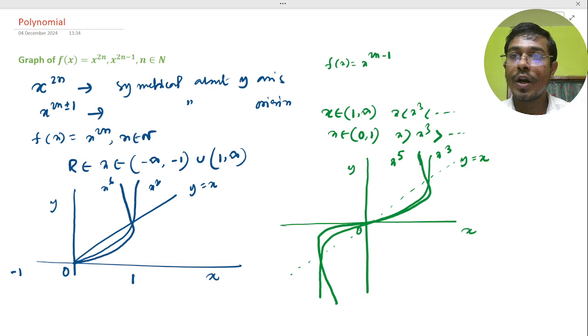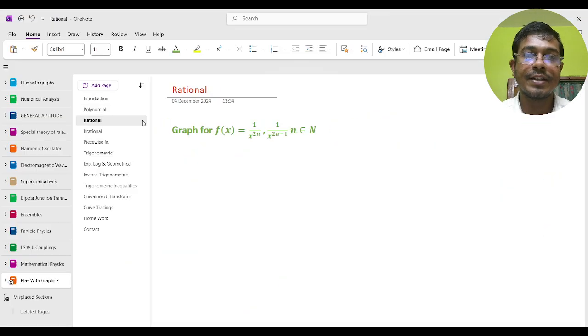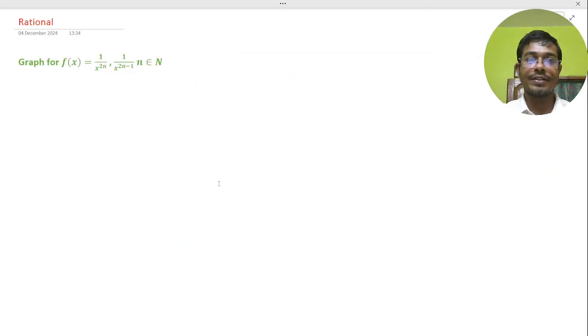Now go to our next topic. That was for the polynomial graphs, and the other one is the rational graphs, f(x) in the form of 1 by x to the power 2n and 1 by x to the power 2n minus 1.